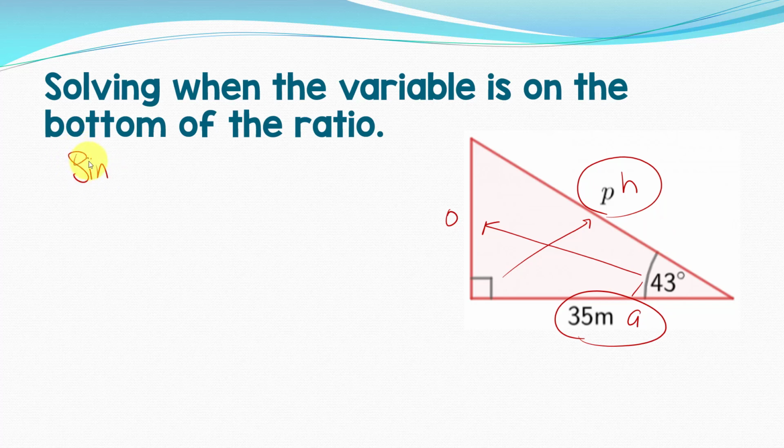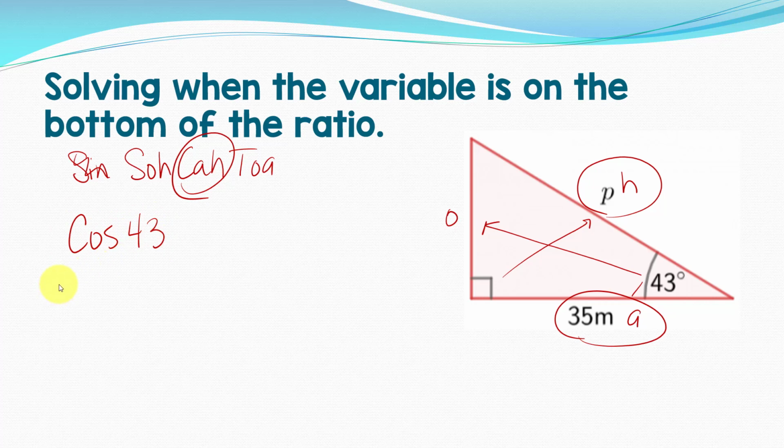Adjacent and hypotenuse is cosine. So I'm going to say the cosine of 43 equals adjacent over hypotenuse. So I'm going to be solving for p.